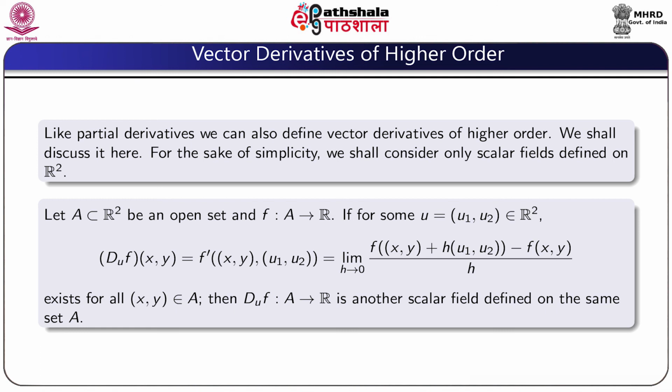So, it is the limit of the ratio f of (x plus h u1, y plus h u2) minus f(x,y) by h as h approaches 0. If this exists for all (x,y) in A, then d_u f is another scalar field defined on the same set A.